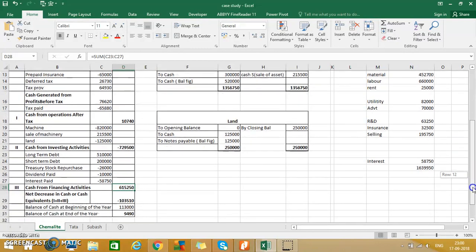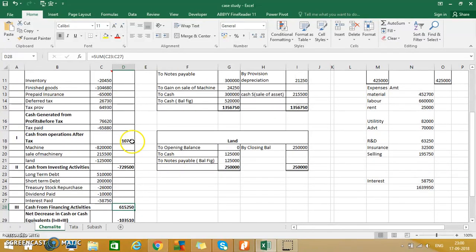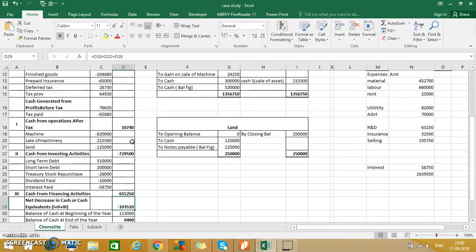Now, what's the total cash inflow because of these three activities? One is the activity is 10,740 cash from operations. Your cash outflow because of the investment 7,29,500, and cash raised because of the financing activity 6,15,250. Put together, you find that there is a net decrease in your cash equivalents, that is 1 plus 2 plus 3.